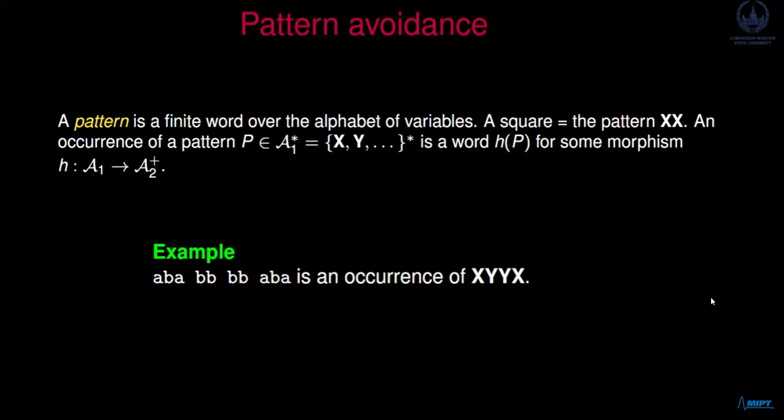In general, an occurrence of a pattern P in a word is a morphism h_P, where the variables in the pattern are mapped to actual words in the alphabet.